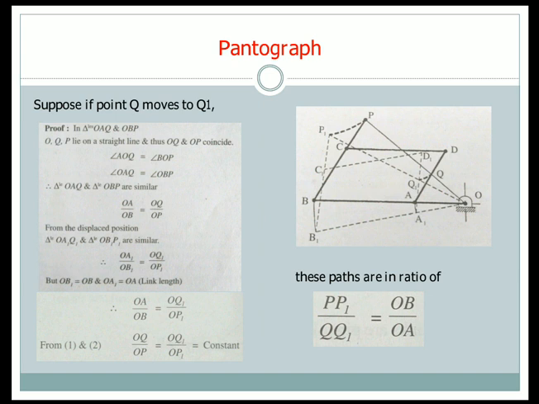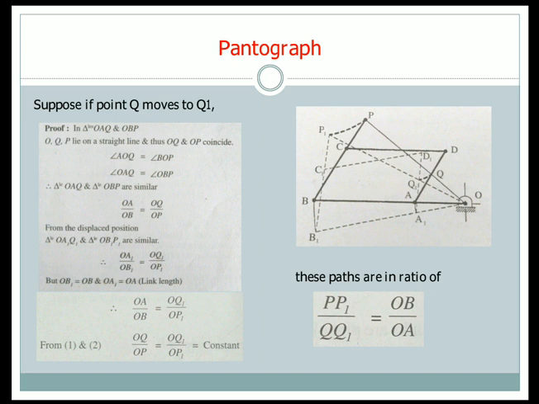Next, from the displaced position. So now we are moving on to the new position of the links, that is A1, B1, C1, D1, P1. In triangle OA1Q1 and triangle OB1P1, again these triangles are similar.